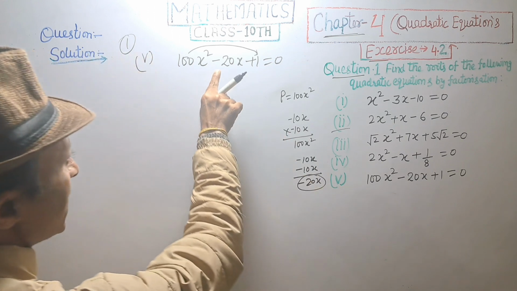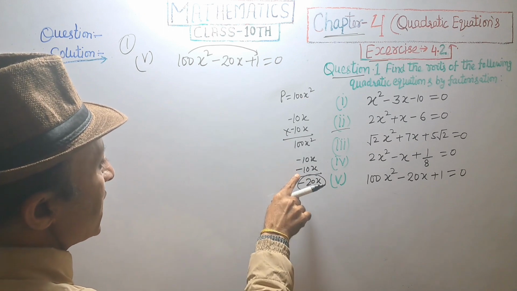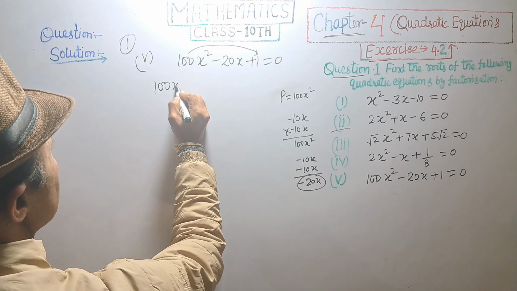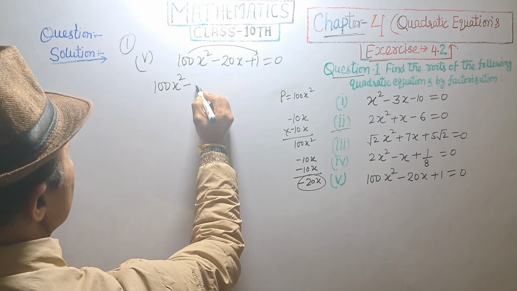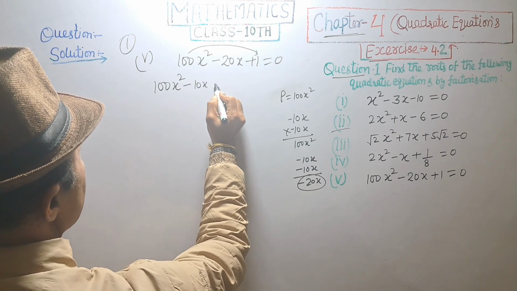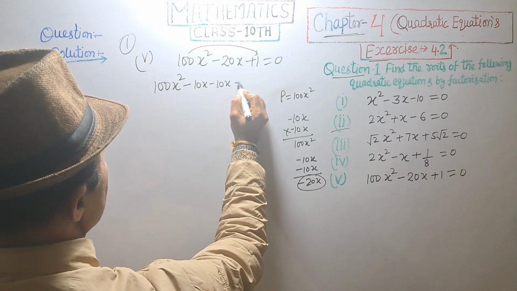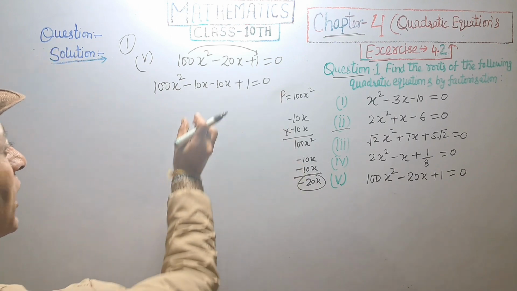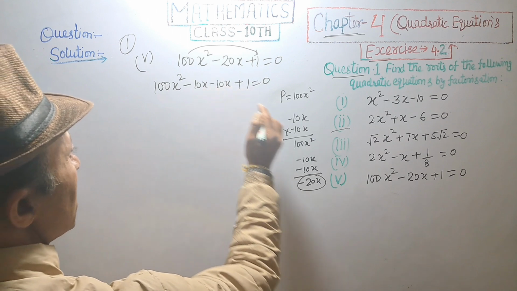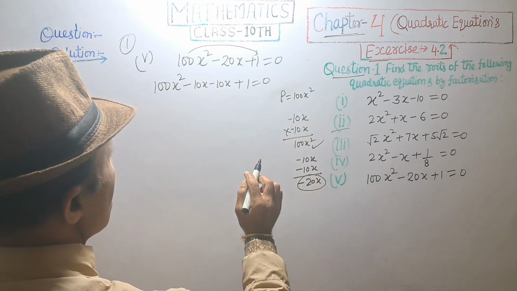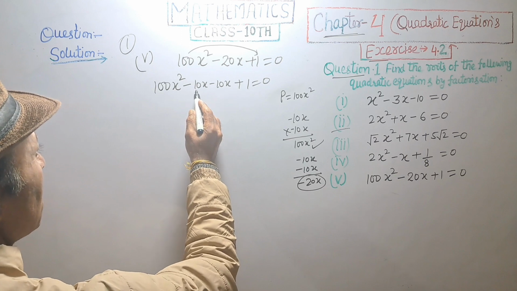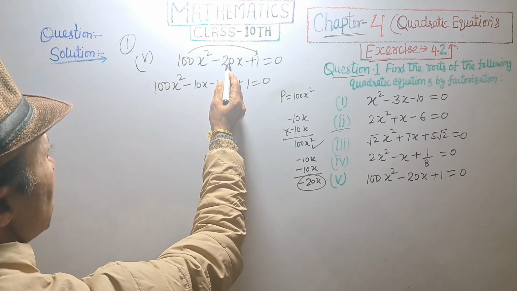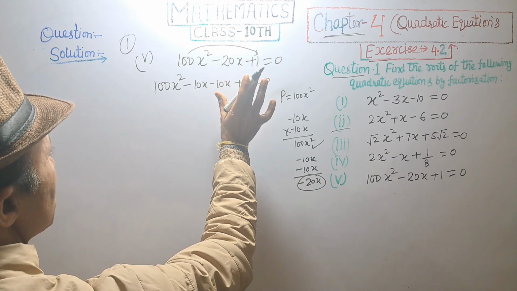Split minus 20x as minus 10x minus 10x. So 100x² minus 10x minus 10x plus 1 equal to 0. The product of minus 10x and minus 10x is 100x², and the sum is minus 20x.